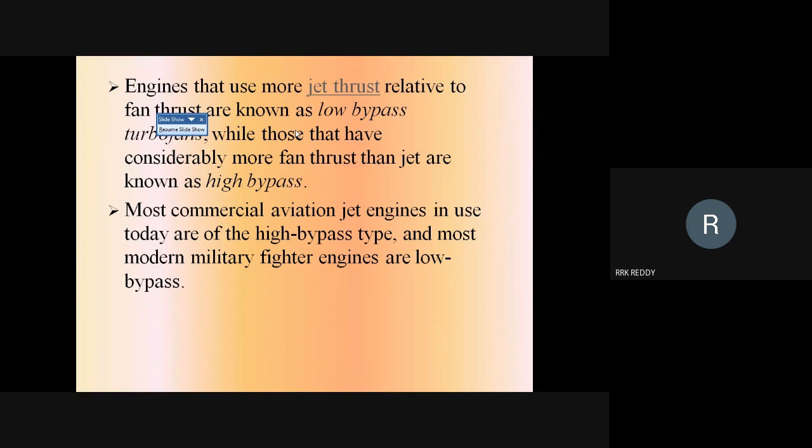The reason is that jet thrust is more. When we are getting the thrust through the jet nozzle, the nozzle sound is more. So that's why in the case of a high bypass engine, jet thrust is less and fan thrust is more. Whereas in the case of low bypass engines, the jet thrust is more and the fan thrust is less. So when the jet thrust is more, obviously the engine sound is more.